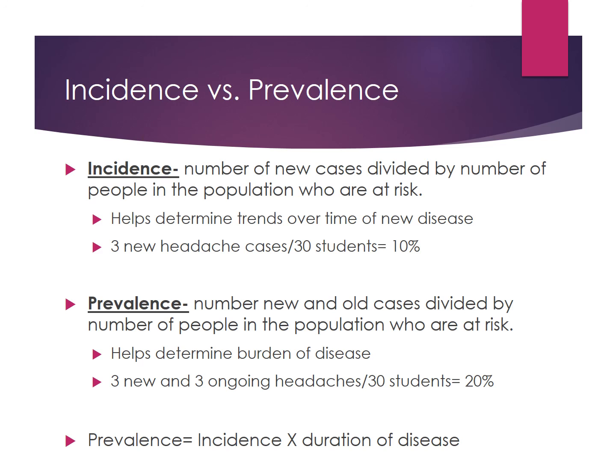There's also prevalence, and prevalence is the number of new and old cases divided by the number of people in the population who are at risk. And so this isn't just new cases, this is people who have had the disorder over time as well. And so if we're looking at something like heart disease or people who have high blood pressure, that could be a fairly large number because these conditions are very chronic.